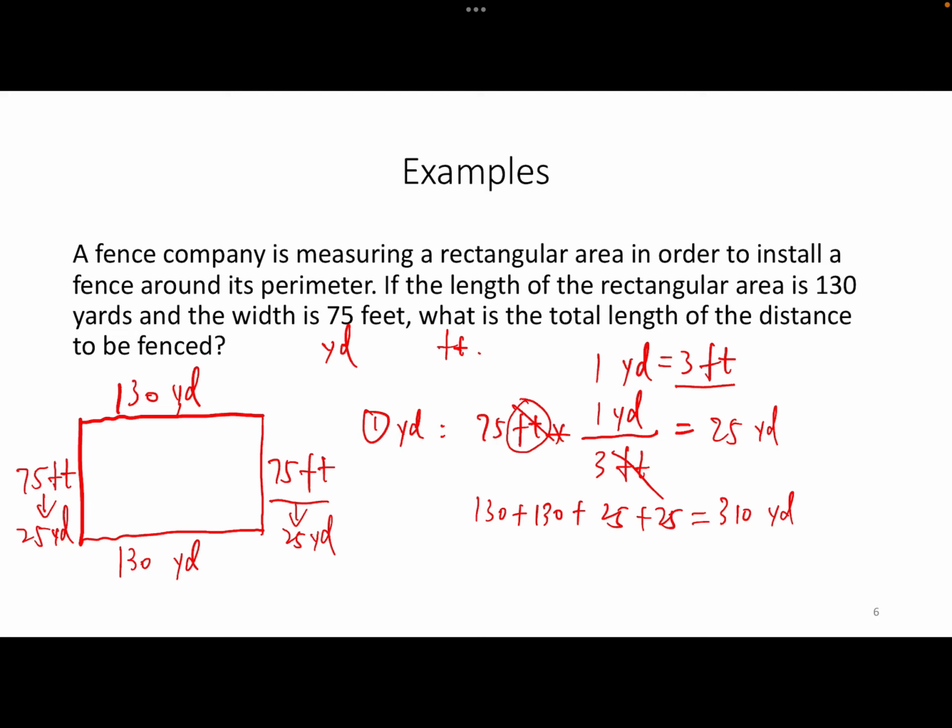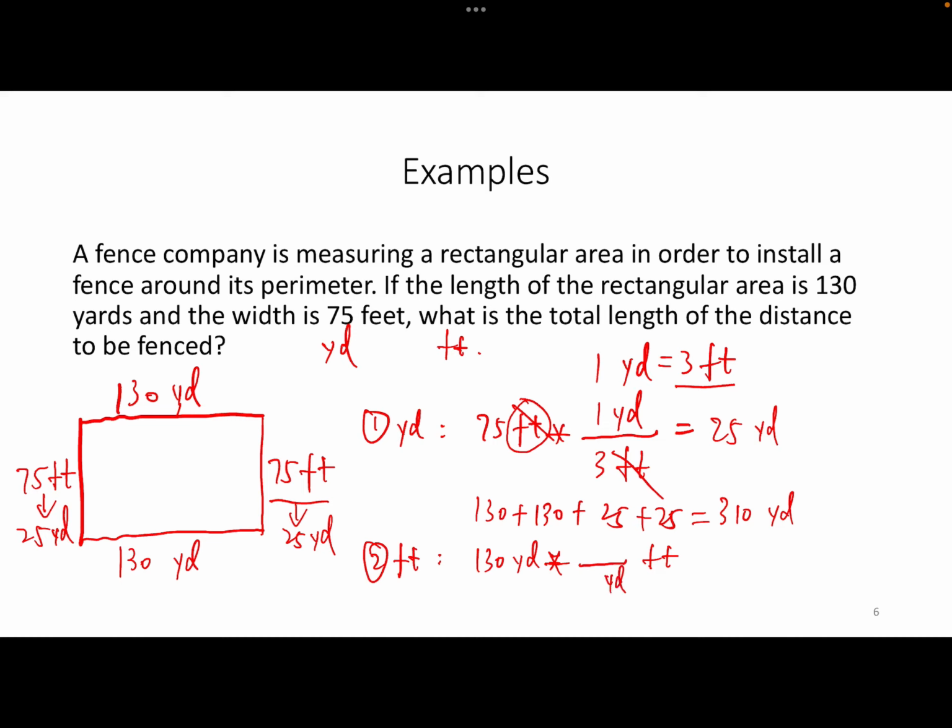So we converted all the units to yards to find the length of the distance to be fenced, which is 310 yards. If we want to convert everything to feet, then we convert 130 yards to how many feet? This time, what do we multiply by?